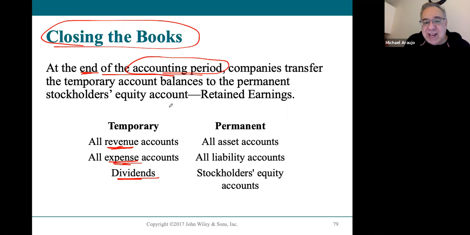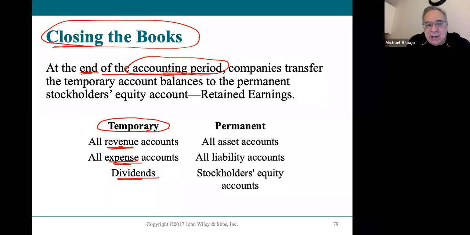So because we actually have to close these accounts, which simply means bringing a balance to zero, as you'll see very shortly, all the revenue accounts, all the expense accounts, and all the dividend accounts will, at the end of the accounting period, be zeroed out, will be closed. So the very next day, we can start new records. There'll be a new record of revenue for that new accounting period. There'll be a whole new record of expenses for that new accounting period. And we'll keep track of how many dividends were paid during that new accounting period.